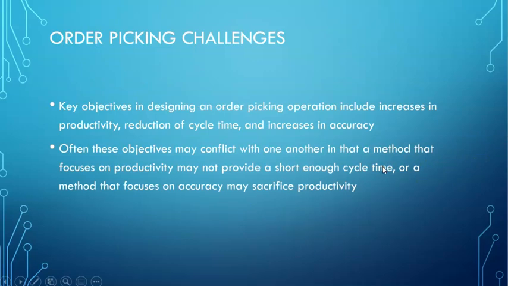The main objective of finding the optimum path of order picking is to increase productivity, reduce cycle time, and increase accuracy. We are aiming to reduce labor and handling, like the material handling and costs associated with order picking, which will reduce the overall cost for the customer.